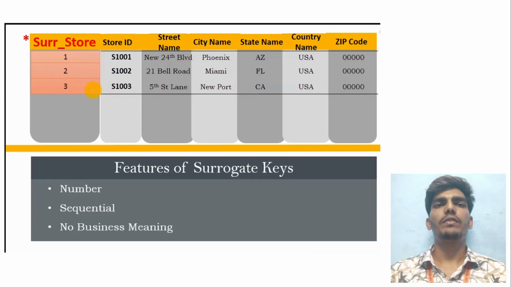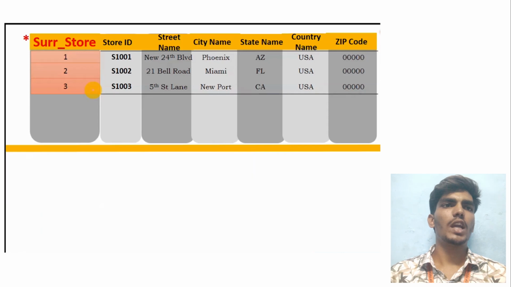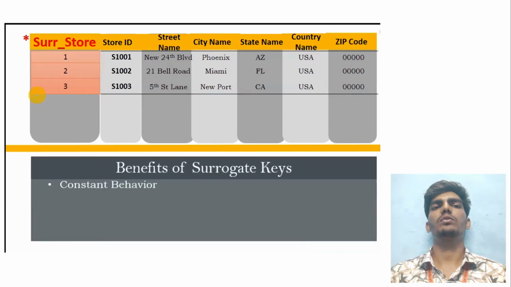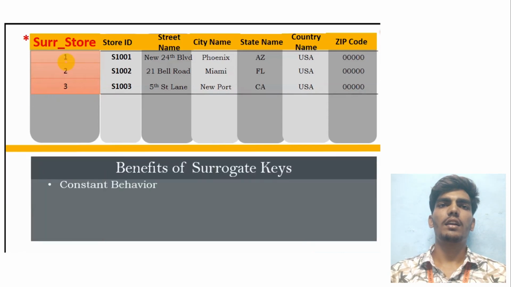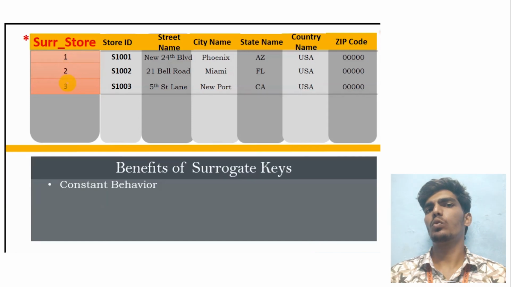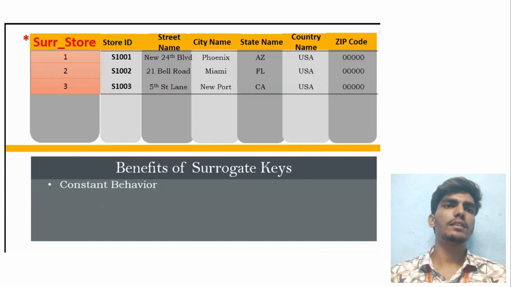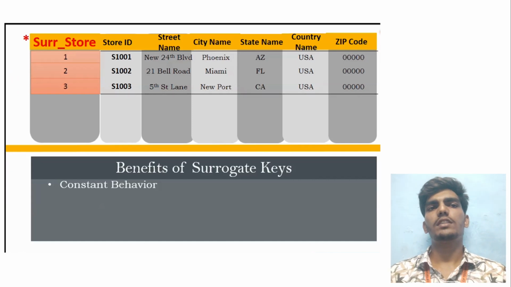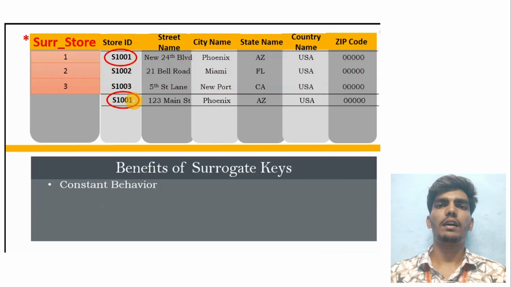Let's talk about the benefits of the surrogate key. Constant behavior. If a new store is added or introduced, or if a store moves to a new location, these changes can be easily implemented using surrogate keys. In case a store changes location, new rows will be created and a new surrogate key will be added uniquely.